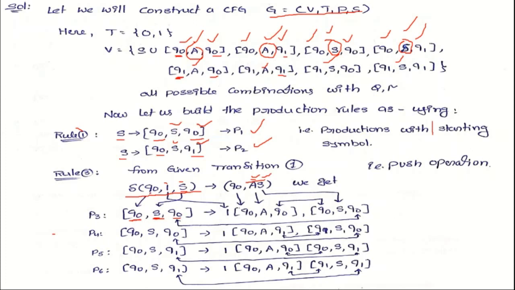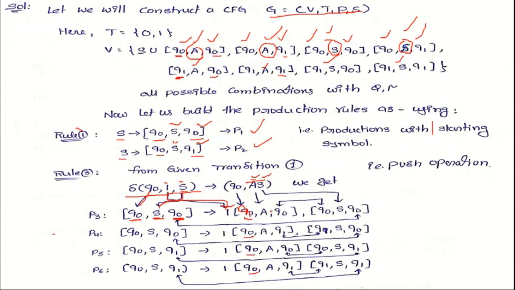So from here, Q0 as it is, and S is the top of the stack. Just now we assume the next state is Q0, which derives the input from the given transition. 1 is the input, and it can be written here. The next state is Q0. This Q0 is fixed for each and every production rule.